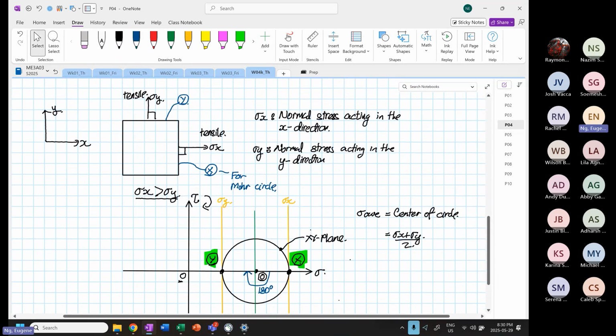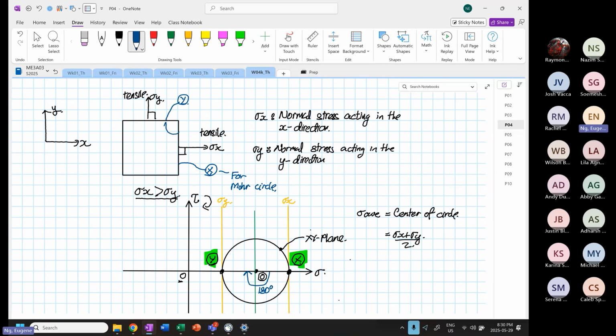If you look at the element from point X to point Y, this is 90 degrees.